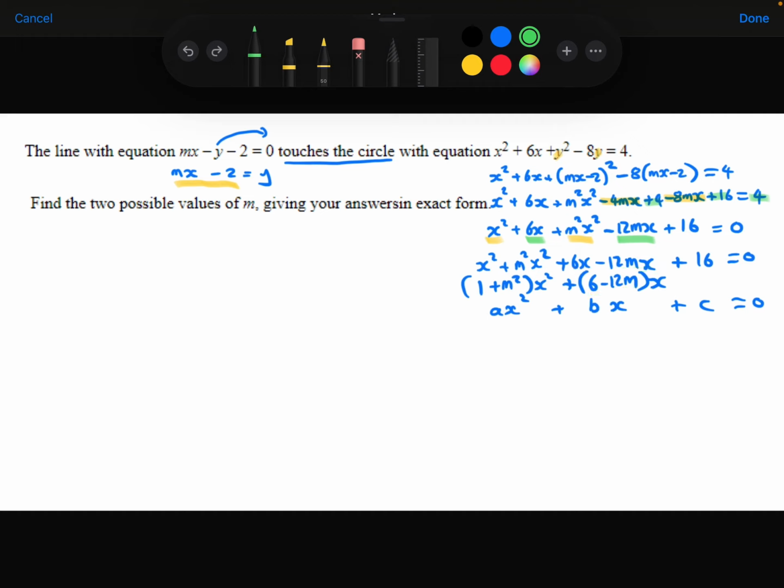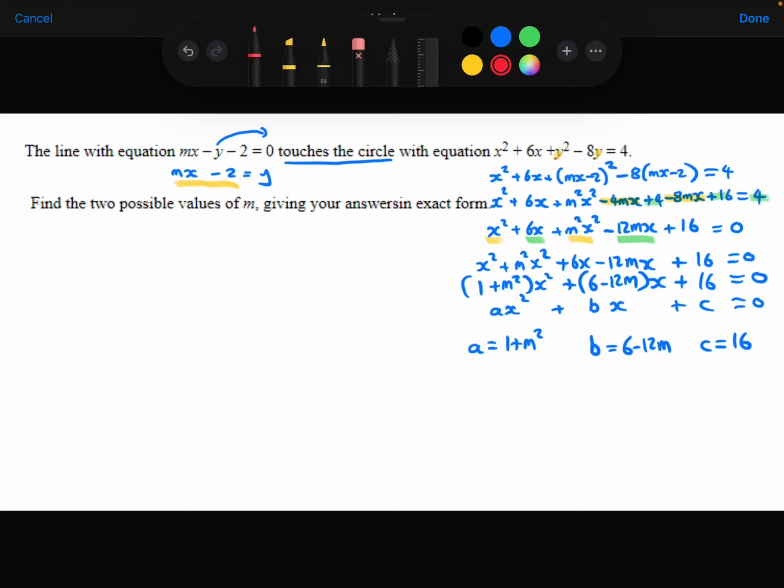And by writing it like that, I can see clearly that the b is going to be 6 minus 12m. And then I've got the plus 16 on the end. So the a is 1 plus m squared, the b is 6 minus 12m, and the c is 16.